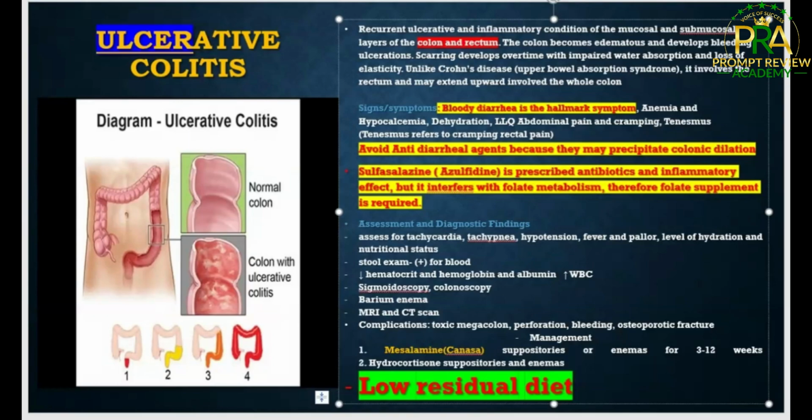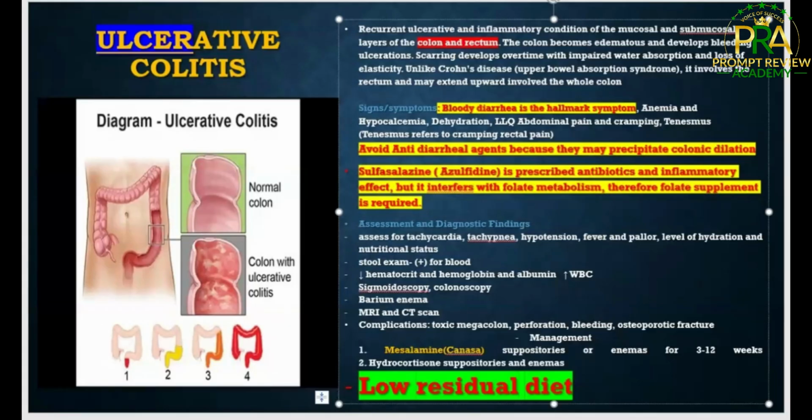Ulcerative colitis versus Crohn's disease: in Crohn's disease, it can happen at any part of the GI. But in ulcerative colitis, it happens more on just the colon and the rectum.